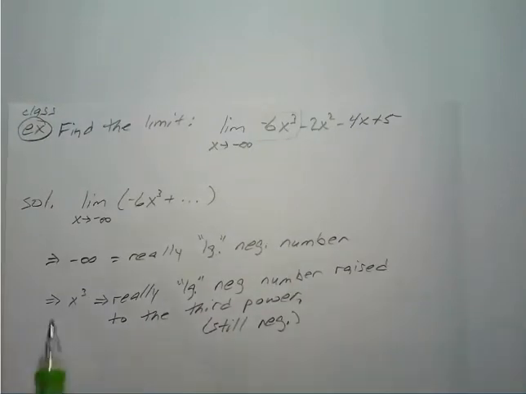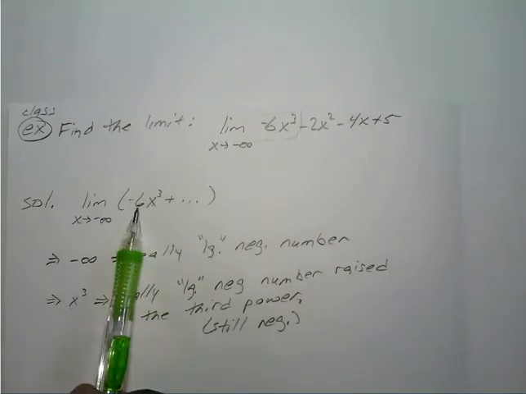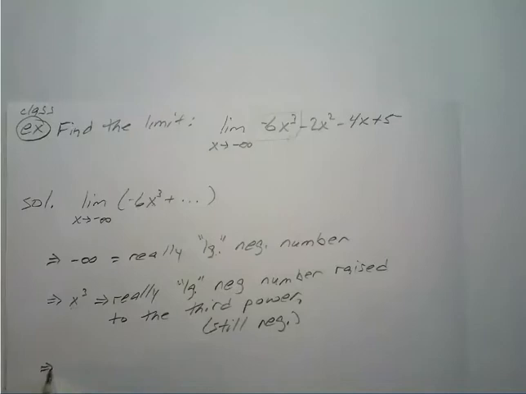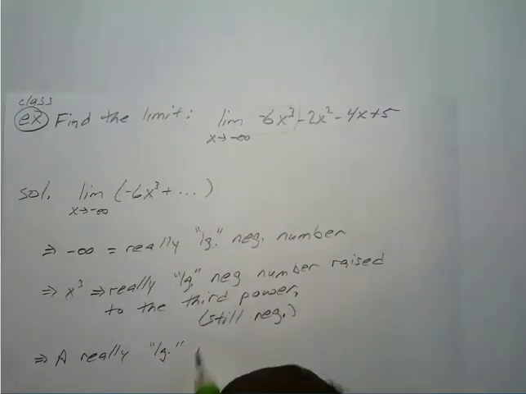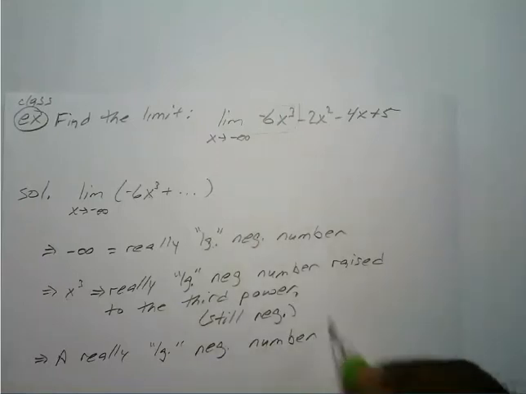So this is still negative. Okay, so you have that really big negative number, and you're going to multiply that really big negative number times negative 6. Again, large is in quotes.